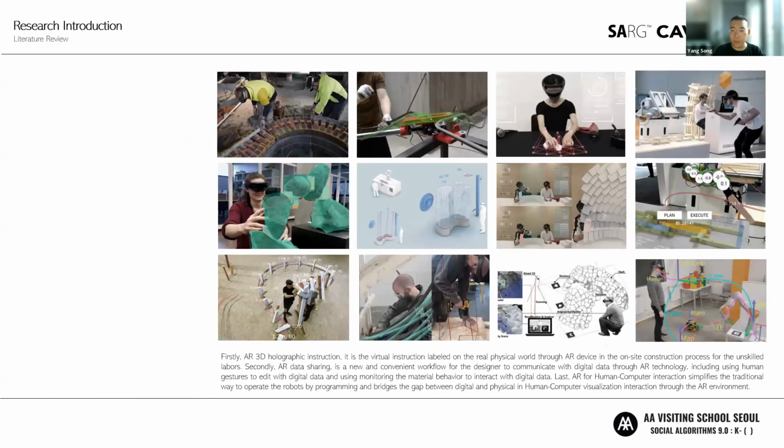The literature review is divided into 5 parts: AR holographic visualization, AR 3D holographic instruction for assembly and fabrication, AR immersive design, AR user interface for robotic operation, and AR-assisted human-robot interactions.